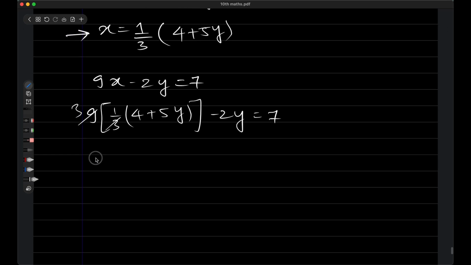Three threes are 9. We will get 3, 4 plus 5y minus 2y equals 7.